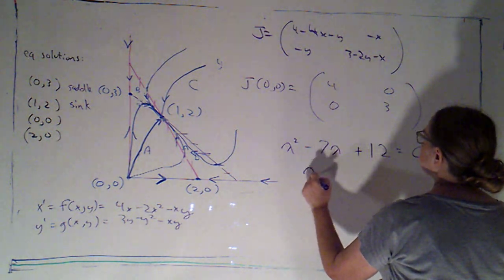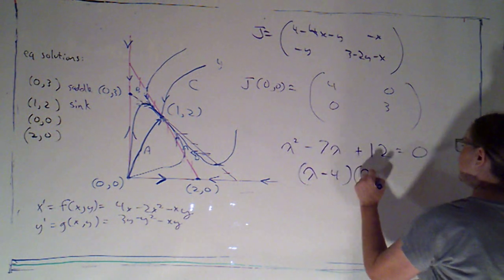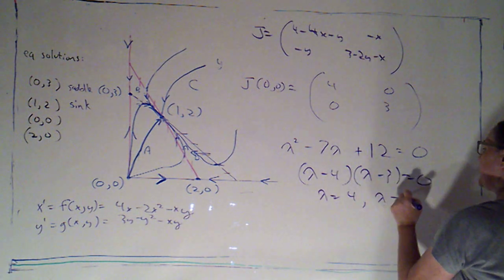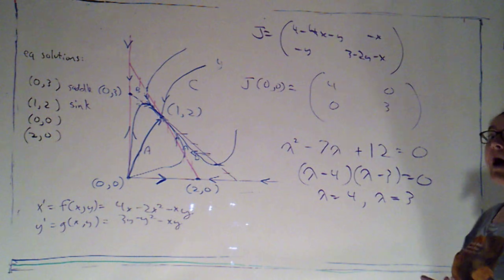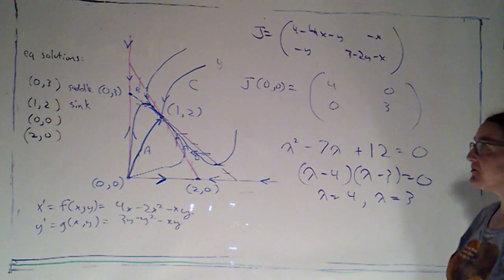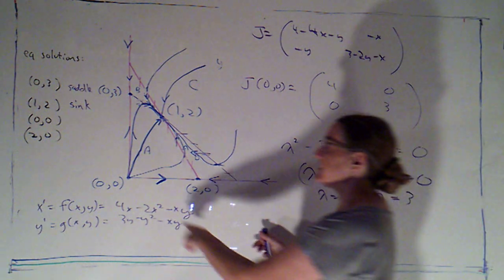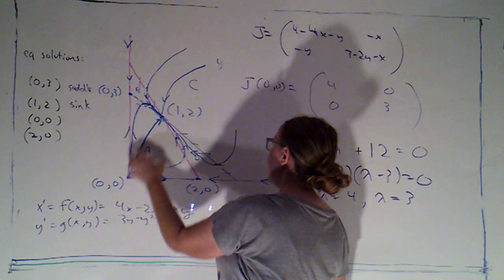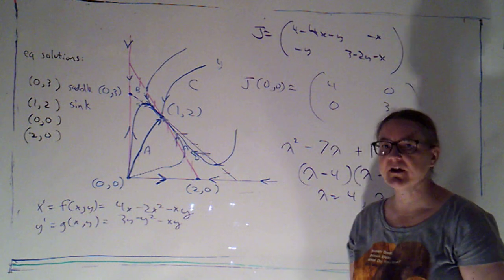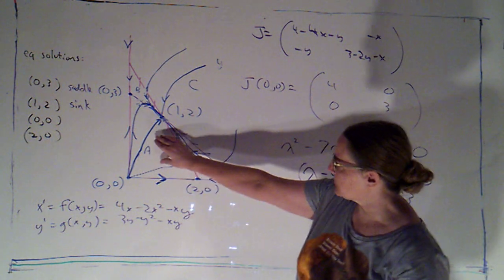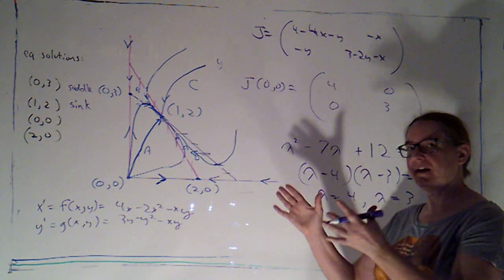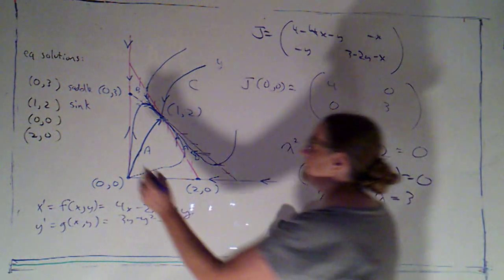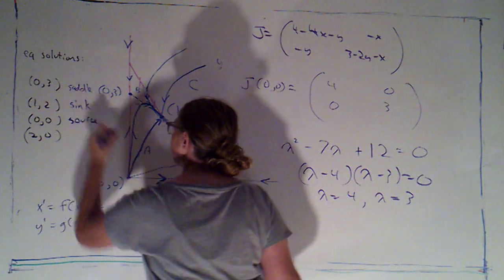That's going to be lambda minus 4 times lambda minus 3 equals 0. So lambda is equal to 4, or lambda is equal to 3. Two positive eigenvalues, we've got a source. And that does look consistent here. We were moving away, and all of the other curves we got were moving away from the origin, because in region A we had to be going up and right, which is going to move us away from that origin. Excellent. So this one is a source.